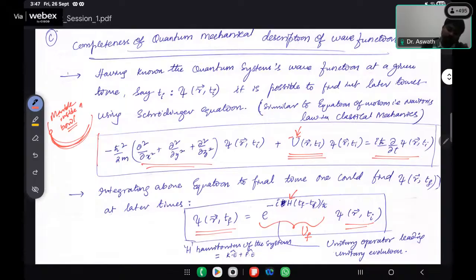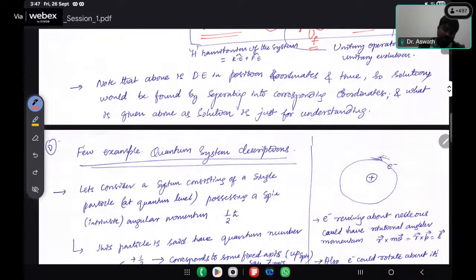Let's say somebody has not specified the potential u. In that case, you can simply give the Hamiltonian as a matrix, and the Hamiltonian matrix gives us a unitary gate. That unitary gate acts on the old quantum state, giving us the new quantum state. This is what we discussed yesterday.